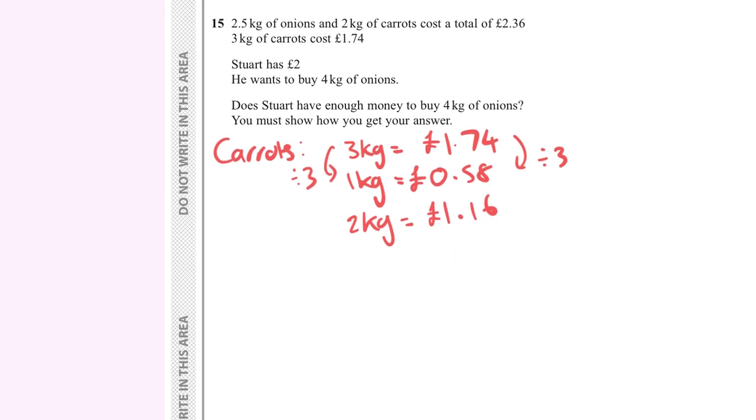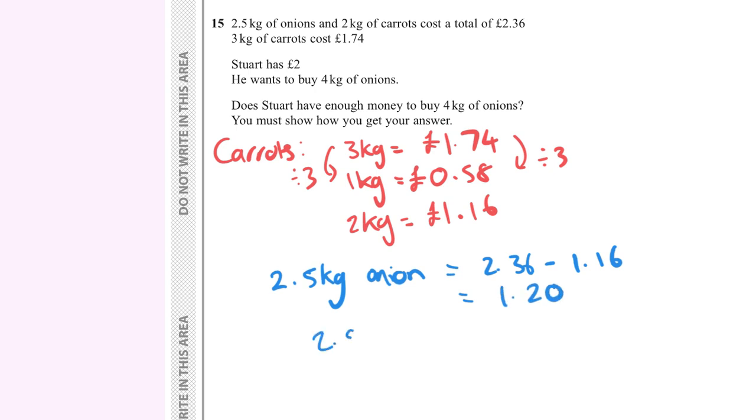So if we've got 2.5 kg of onion, it must be £2.36, take away that £1.16. So let's work that out. £1.20. So that's for 2.5 kilograms of onion.